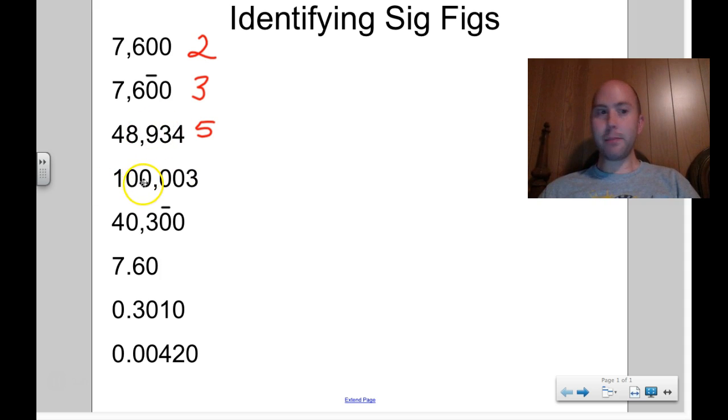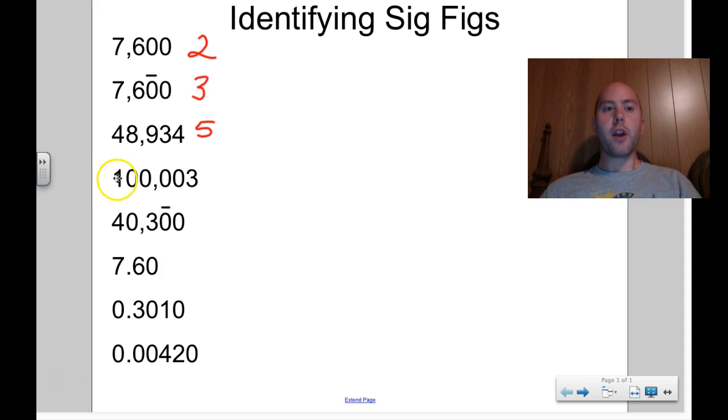So for example, you have 100,003. You have 2 sig figs here, the 1 and the 3, because they're non-zeros. These zeros don't have any bars over them. However, they are in between two sig figs. Now I gotta be careful. I don't want to say two non-zeros because I'll do an example later on.